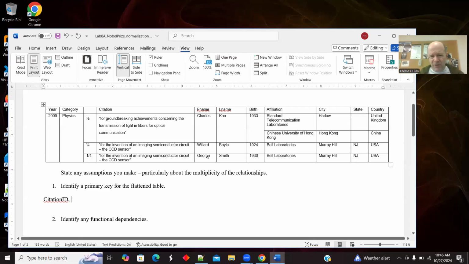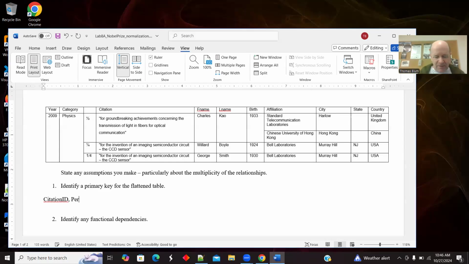You see that Willard and George here have the same citation, but I don't think they're going to have the same citation from year to year. So I think it works. So citation and person and affiliation, turned into IDs, should be enough to pick out a unique row.